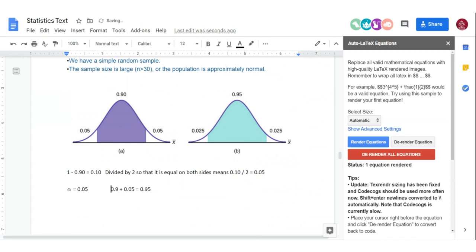There we go. And then this is just your endpoint, what you're looking up. This is what you need to look up.